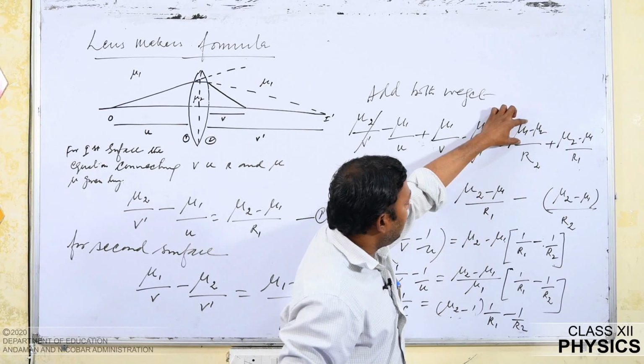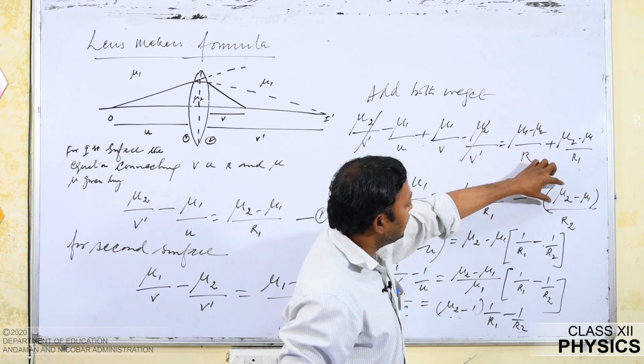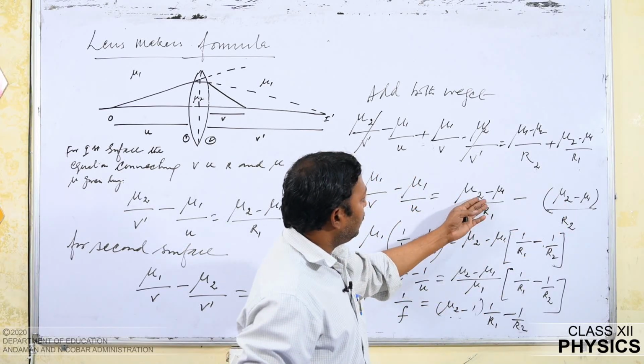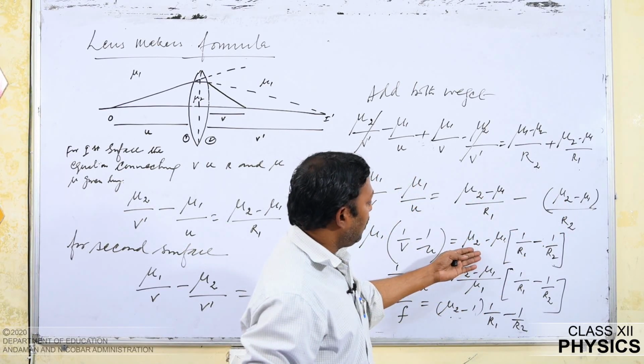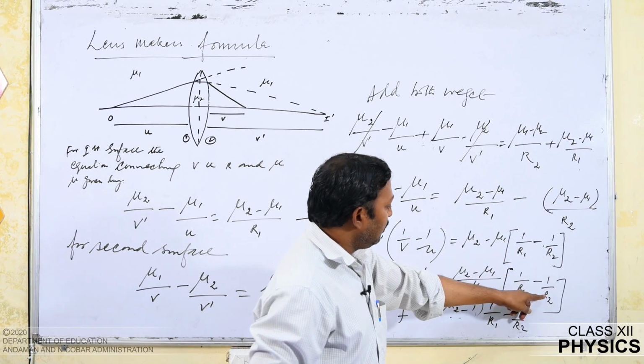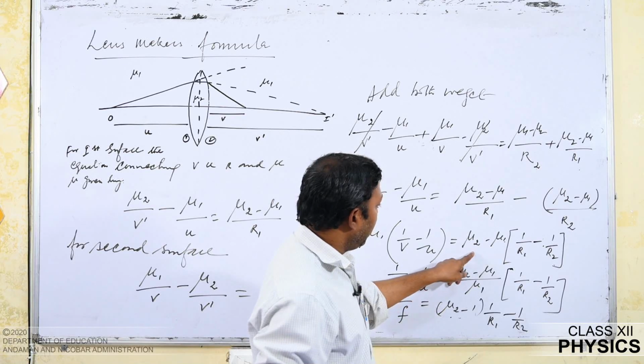Minus is taken as common from mu 1 minus mu 2, which gives mu 2 minus mu 1 divided by r2. After that, we can take mu 2 minus mu 1 as the common factor, which gives mu 2 minus mu 1 multiplied by the bracket 1 by r1 minus 1 by r2.